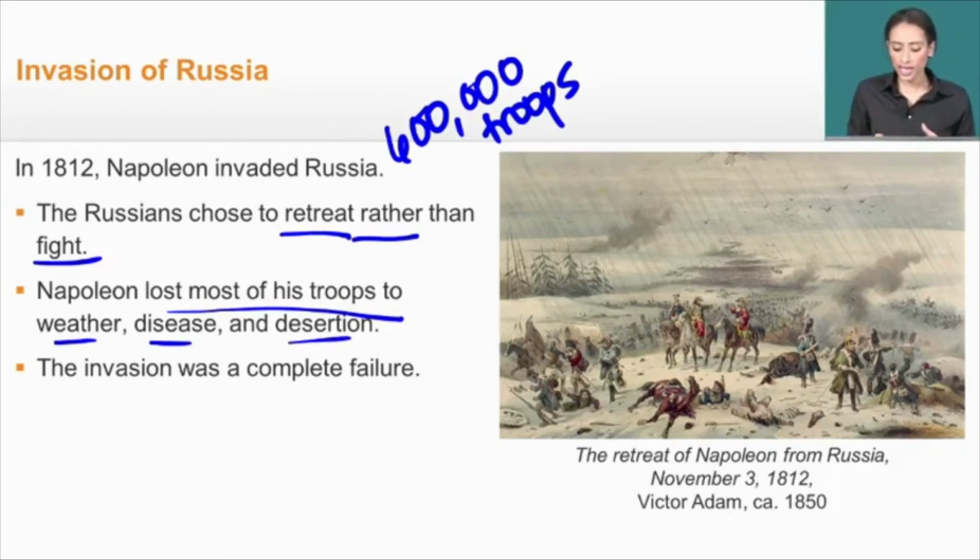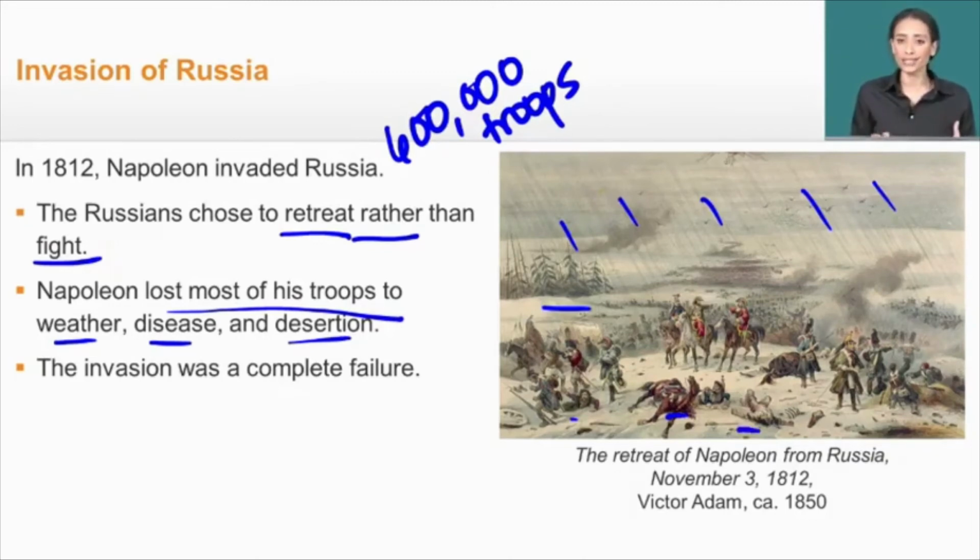Now, you can see in this painting what Napoleon's eventual defeat looks like, because you can see the evidence of the really bad weather, all the snow on the ground, and you can see the fallen horses and soldiers as well.